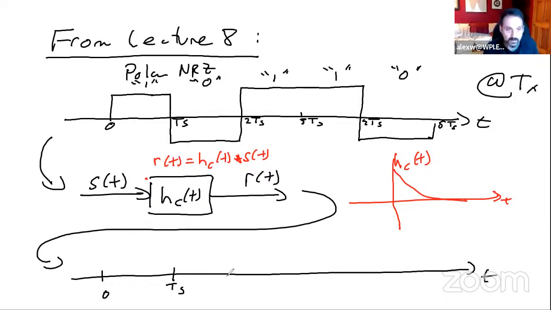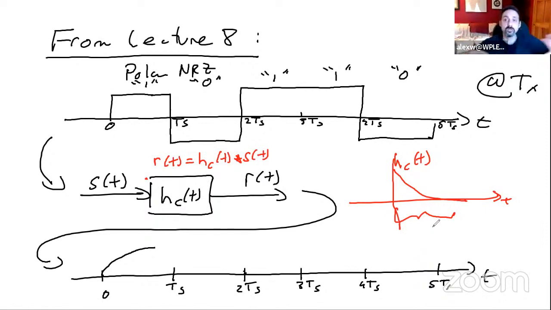So we have some sort of smearing beyond just the symbol periods. Okay, so we get something like this. And because this impulse response is non-zero, the ideal would be a delta, so it comes in, it goes out. But with convolution, it stretches, it distorts, it will manipulate the incoming signal.